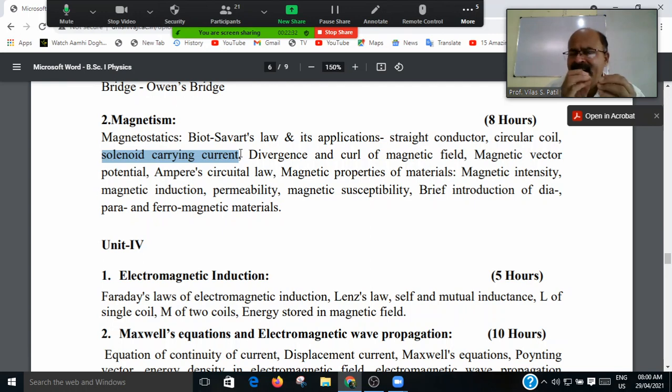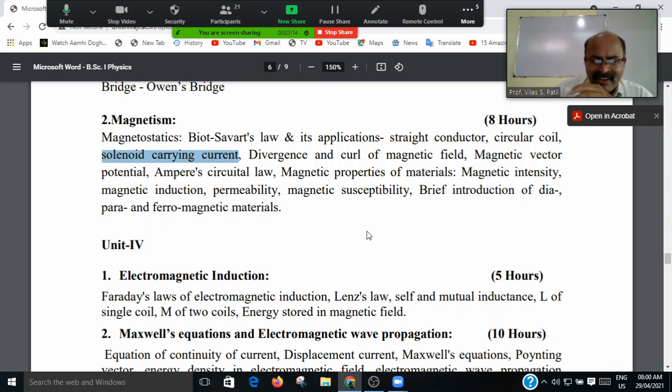Solenoid means a long and straight insulator on which a small current carrying conductor is wound. If the solenoid carries current I, then the intensity of magnetization and a magnetic field is produced around that solenoid. And what is the magnetic strength of the magnetic field along the axis of the solenoid? It is to be calculated here.